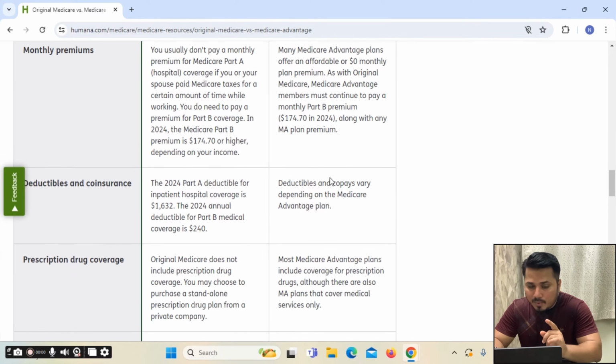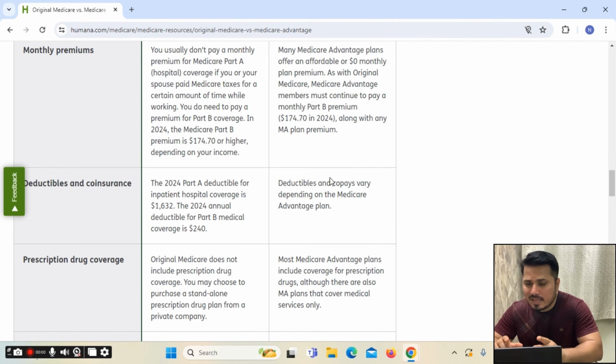Now, monthly premiums. Okay. You usually don't pay a monthly premium for Medicare Part A hospital coverage if you or your spouse paid Medicare taxes for a certain amount of time while working. You do need to pay a premium for Part B coverage. In 2024, the Medicare Part B premium is $174.70 or higher depending on your income.